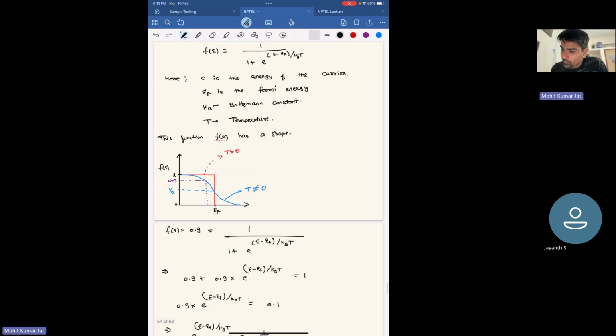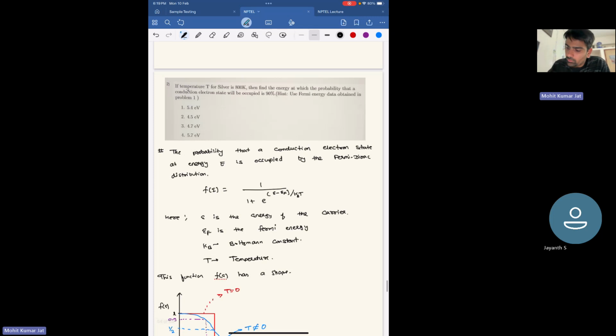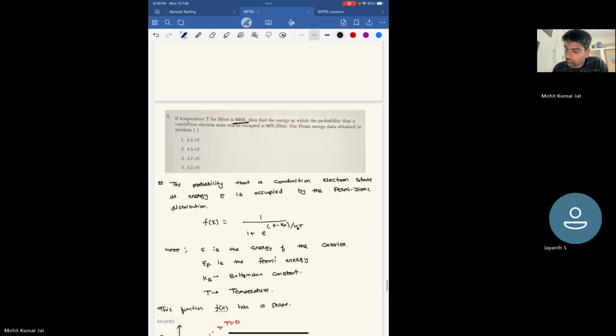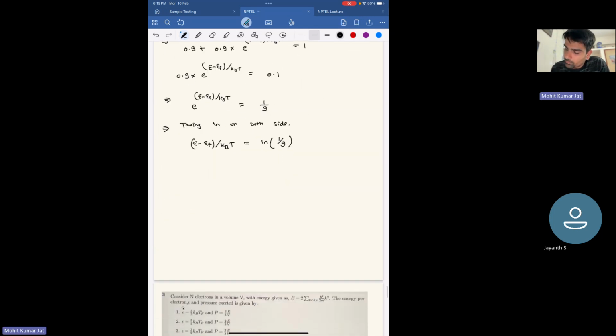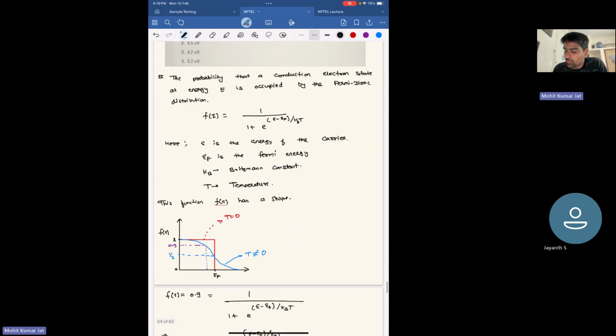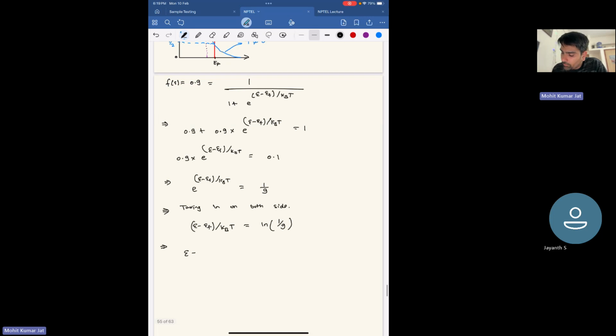Since this is for silver, and for silver we have already calculated the Ef, that is 5.5 eV, I'll use the previously calculated values, and T is 800 Kelvin. That's given in the question. So I'll just substitute the values. Let me check whether the options are in eV. So I will adhere to the eV values.